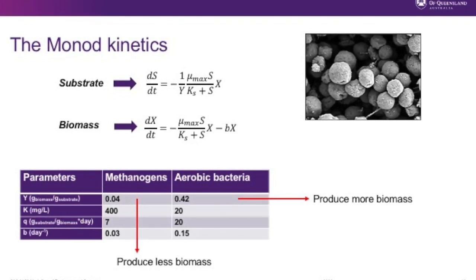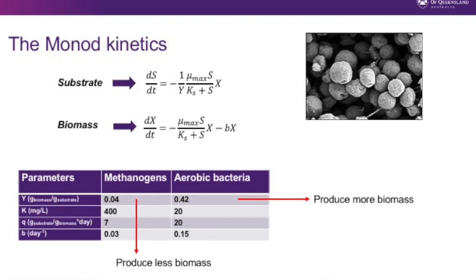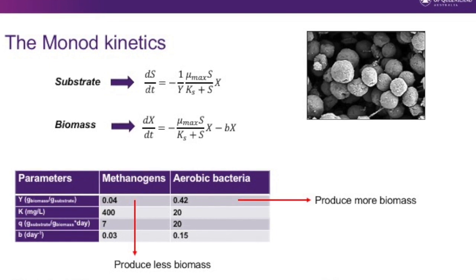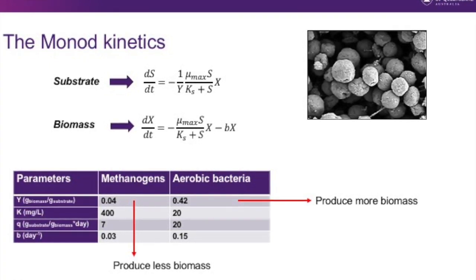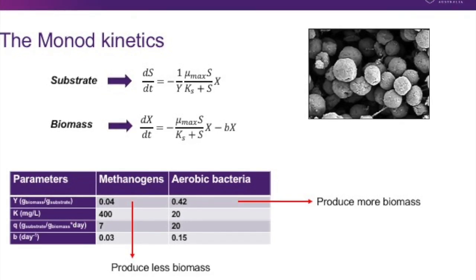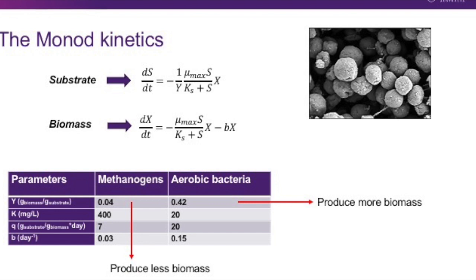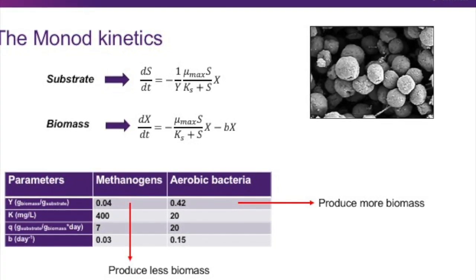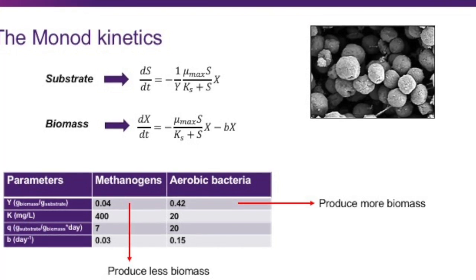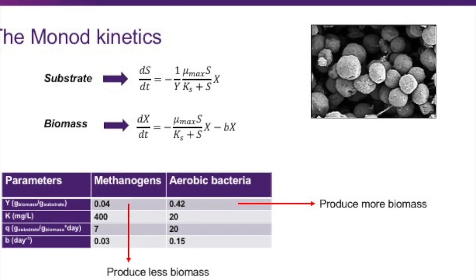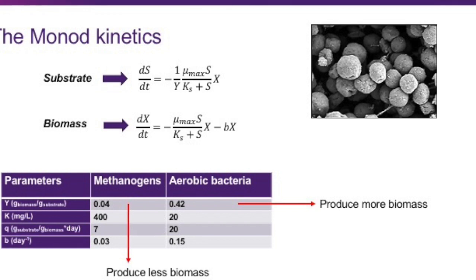And so we can get these values from literature, but sometimes, for instance, in this case, we have a specification of one value, but sometimes there are no reports of the mu max of the specific group of microorganisms that we are trying to use for our models. And that is where we may need to start estimating the values of these parameters.